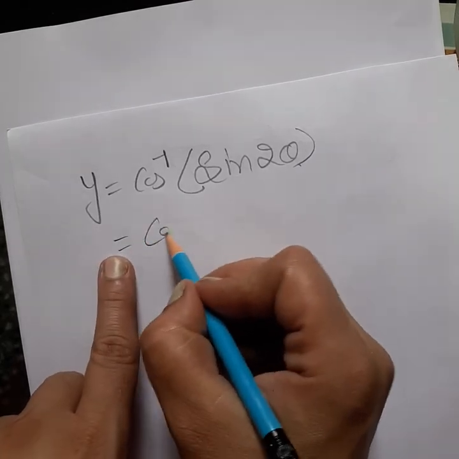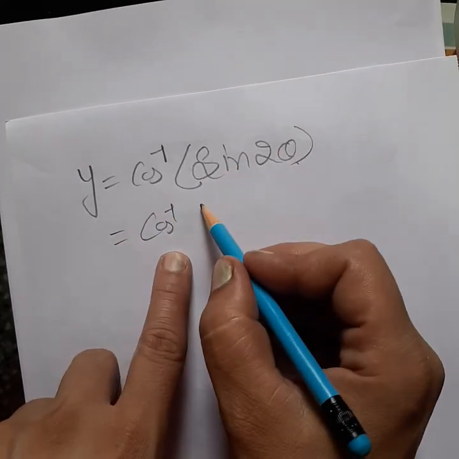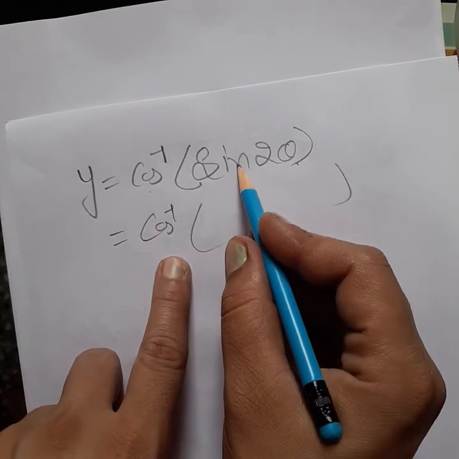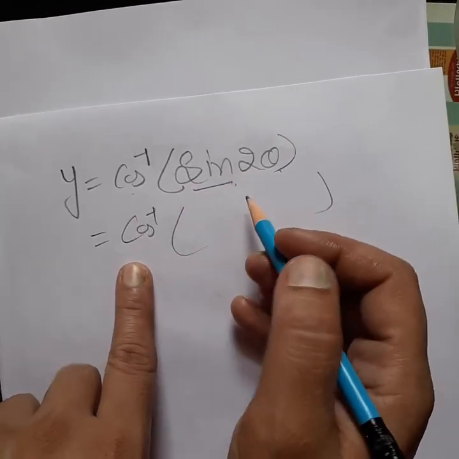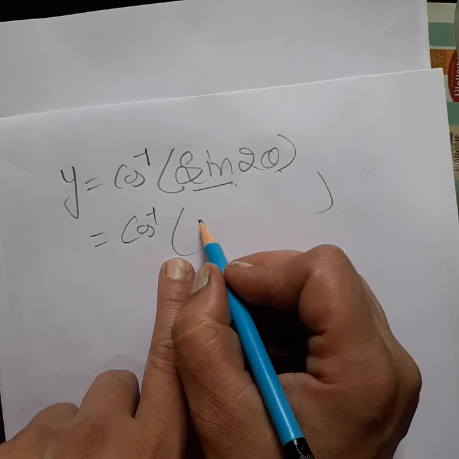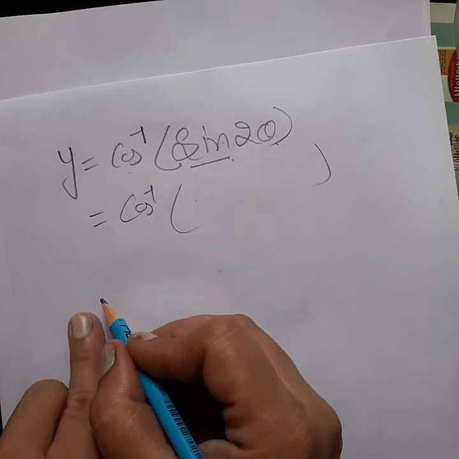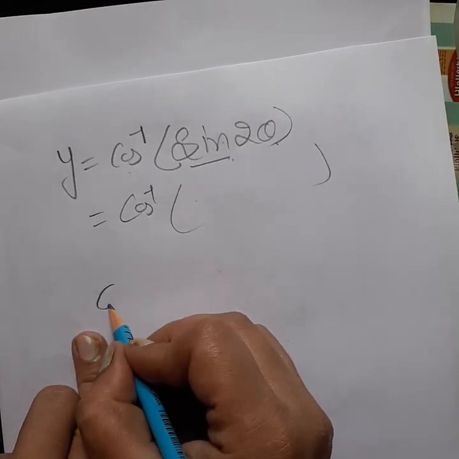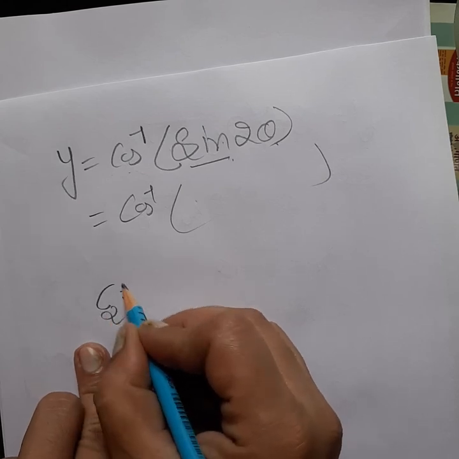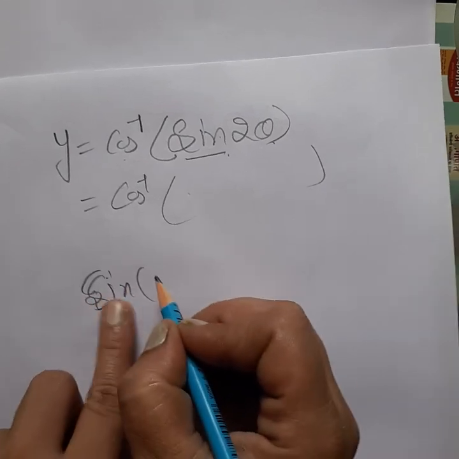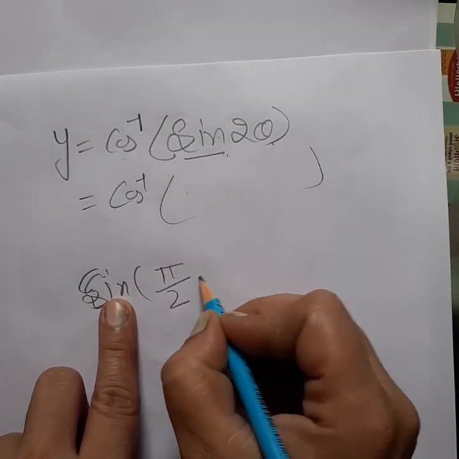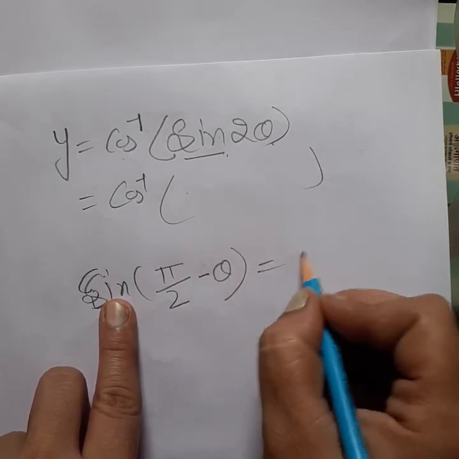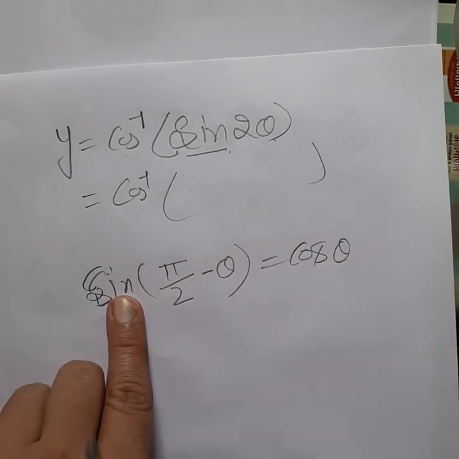So if you want to cancel these two functions, you have to convert it into the form of cos. And how can you convert it? Because you know that sine of pi by 2 minus theta is equal to cos theta.